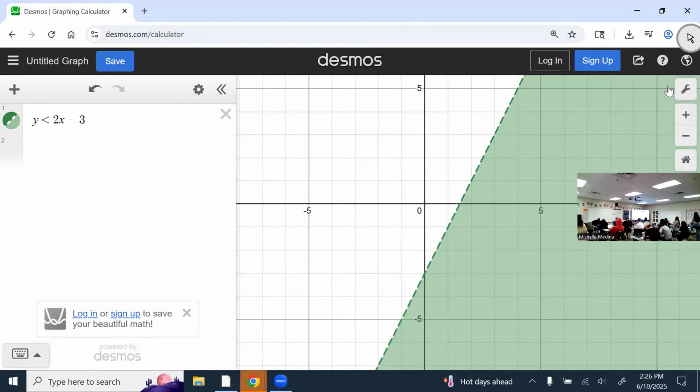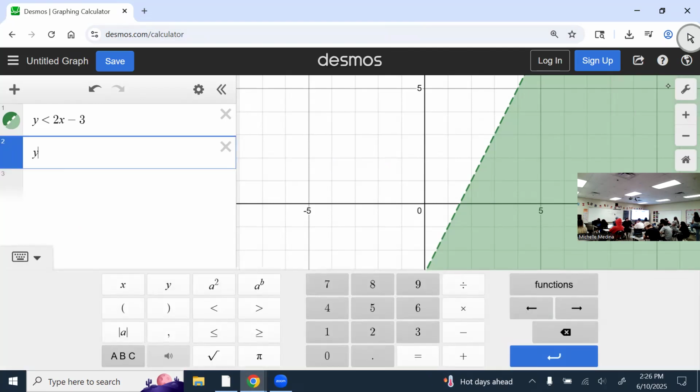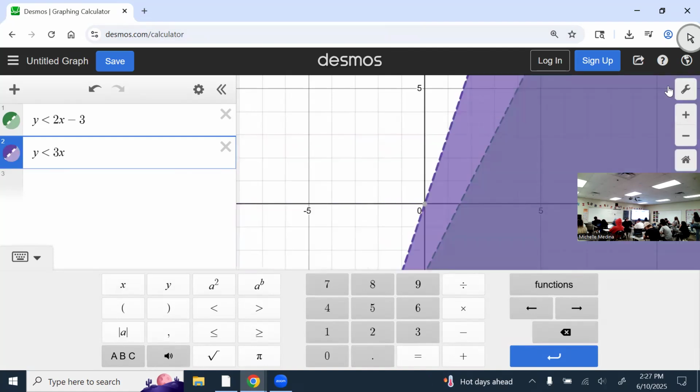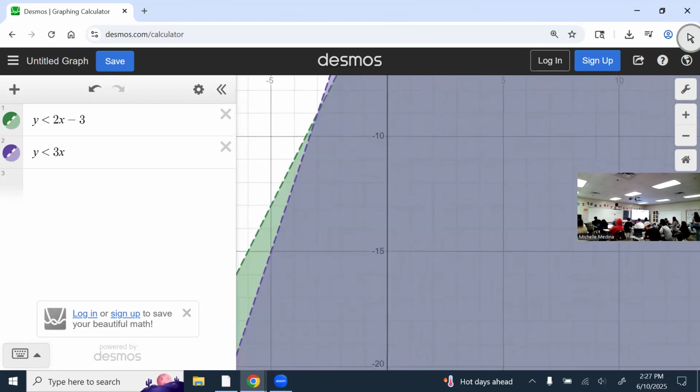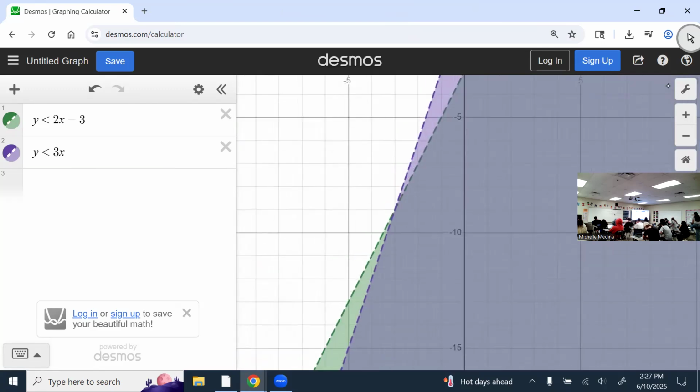So then when I have my system of inequalities, and I'm again making up just a random one to show you, anything that is a solution to the system is where the shading overlaps. It has to satisfy both. So in this case, this big, darker area would be my solution, not this and not that.